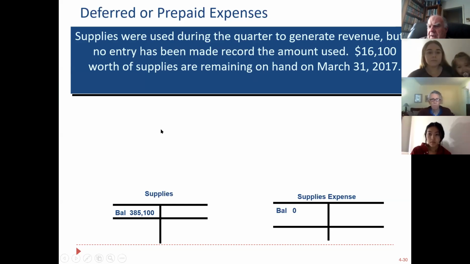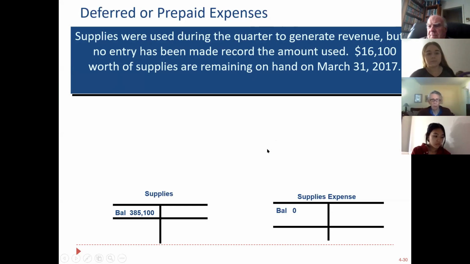Supplies. We have another prepaid, huh? Prepaid supplies. Supplies were used during the quarter to generate revenue, but no entry's been made to record the amount used. $16,100 worth of supplies are remaining on hand on March 31st, 2017. You see what I'm saying about the wording?